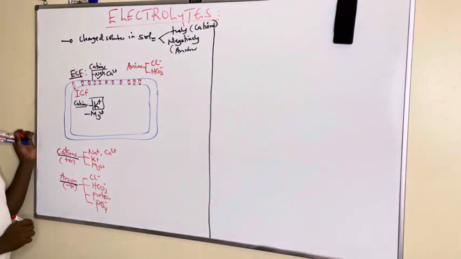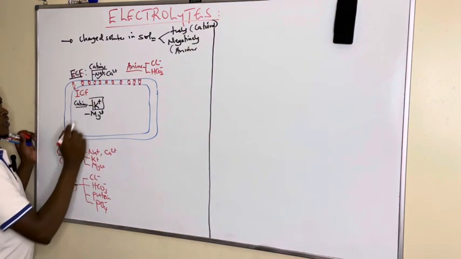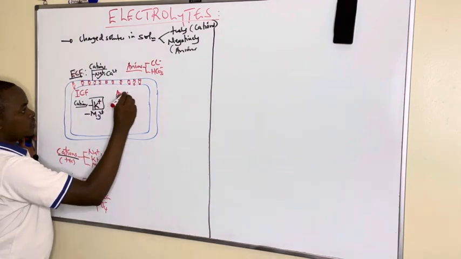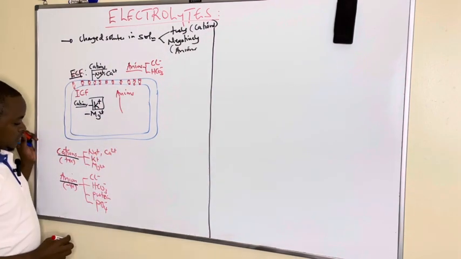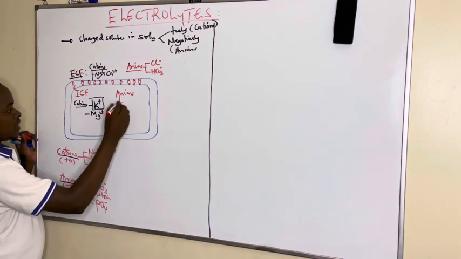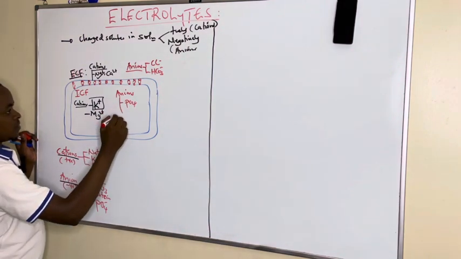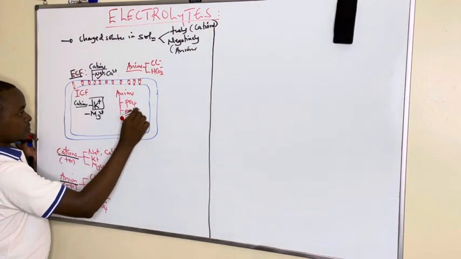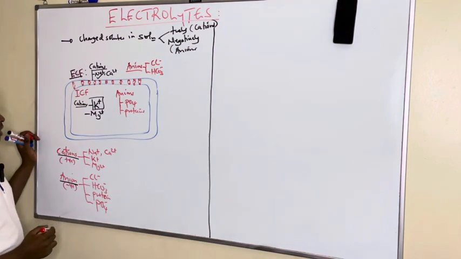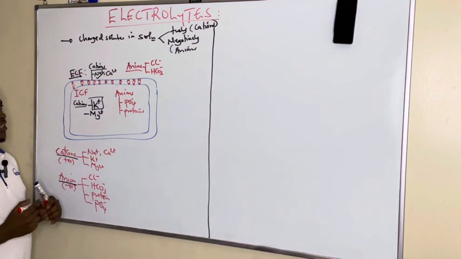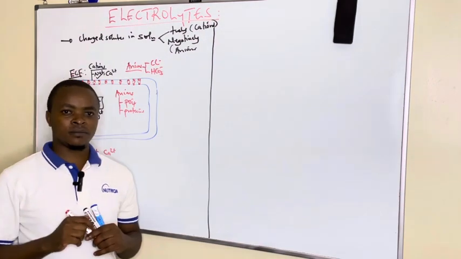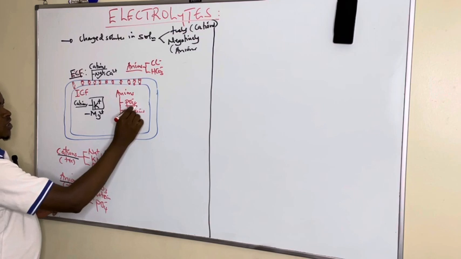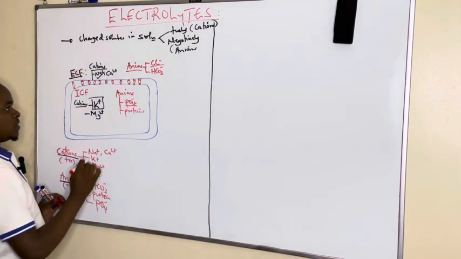These are the anions found in the extracellular fluid. Whereas among intracellular anions, the principal one inside the cell is phosphate. We also have the proteins intracellularly. So phosphate is the principal anion intracellularly, and extracellularly it is chloride.